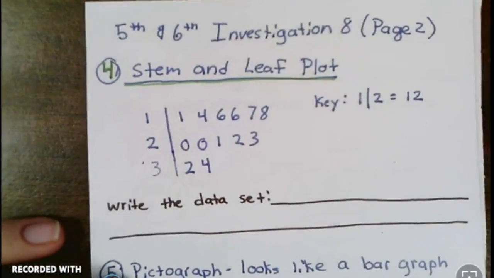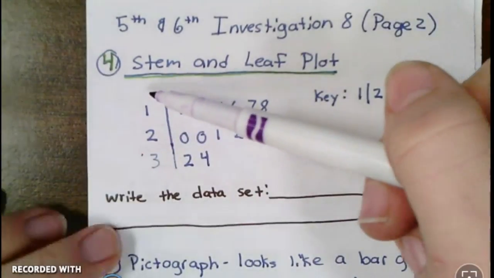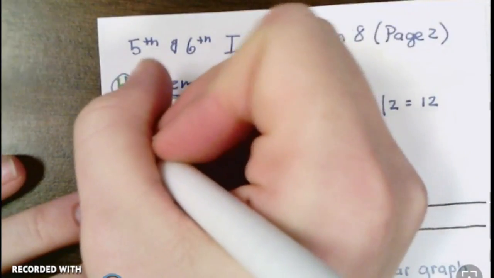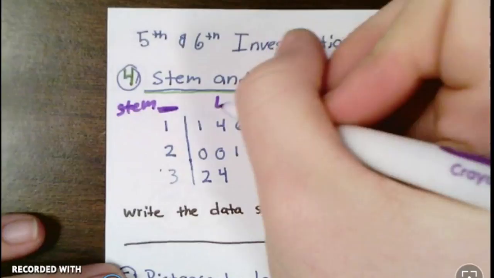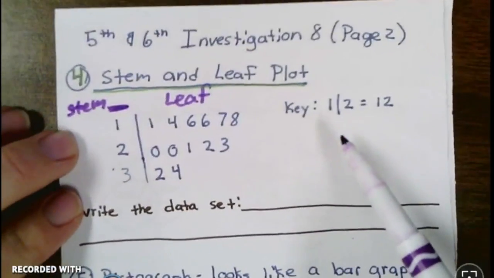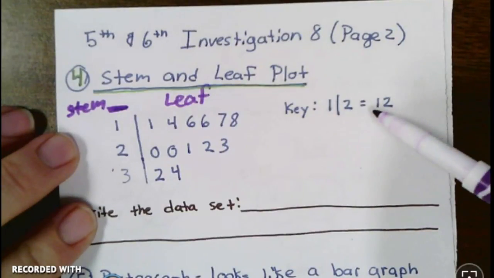All right, type 4, stem and leaf plot. This has 2 parts to it. The first part over here is the stem. This column right here is the stem. And then this column is the leaf. And our key explains to us what it means. The 1 and then the line with a 2 means 12.